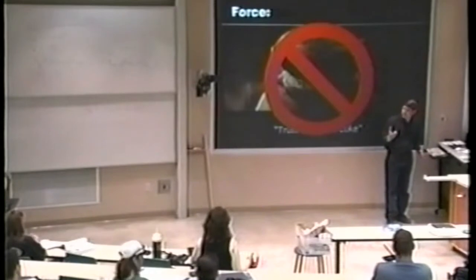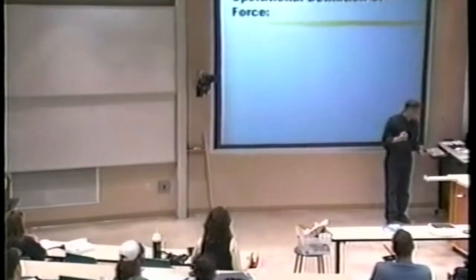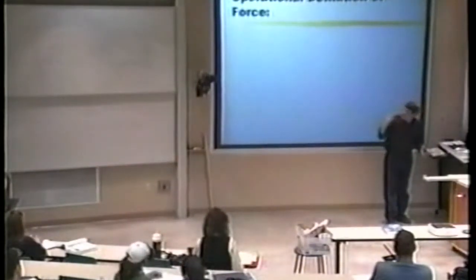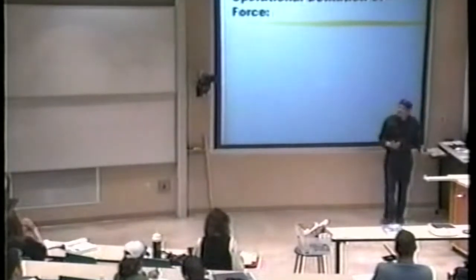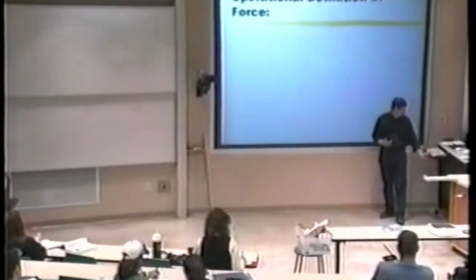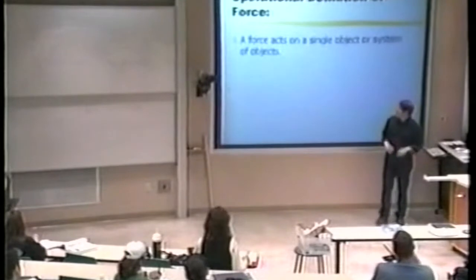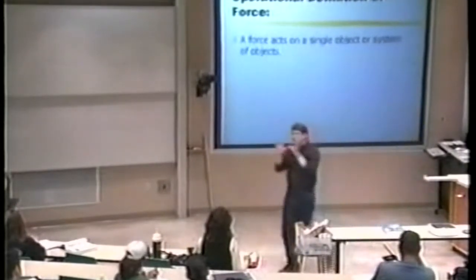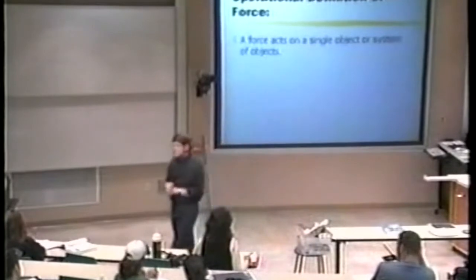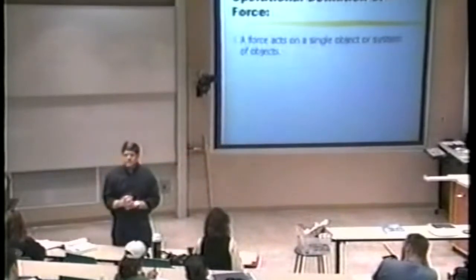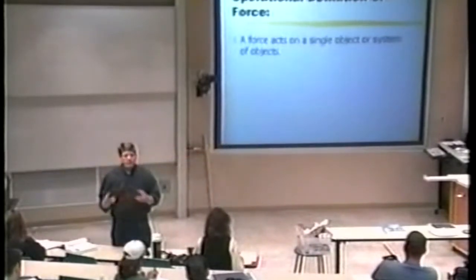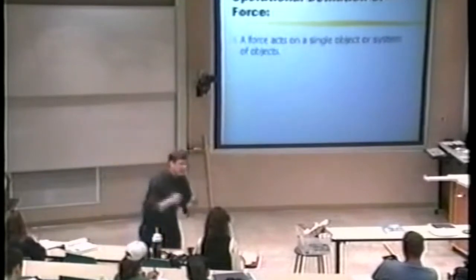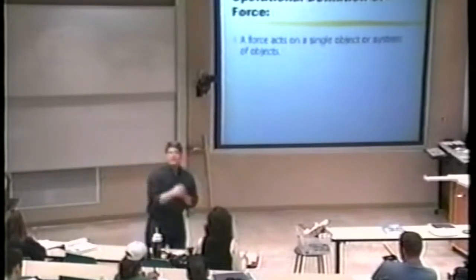It's a push or a pull, but we're going to come up with a recipe for actually getting a number for this push or pull. First of all, let me just mention that a force we will define as something that acts on an individual object. And what do I mean by that? I mean, if I happen to slug Chris here, boom.